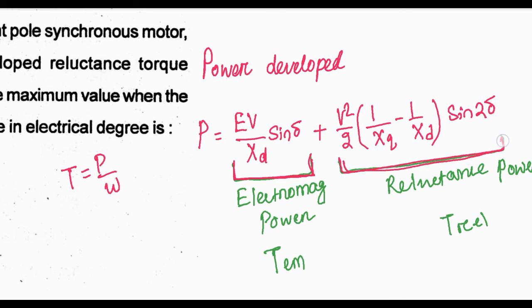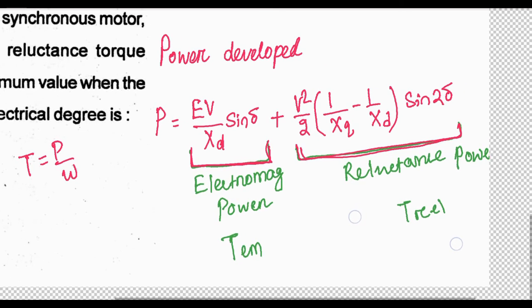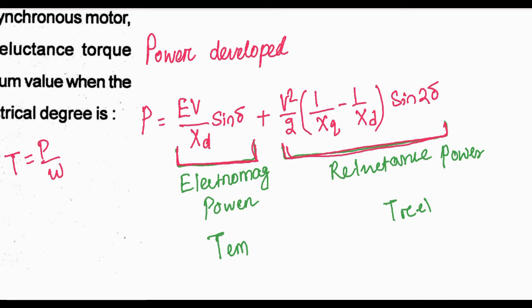And what is this part? This part is reluctance power, and due to this part salient pole machines are more stable than cylindrical machines. So this is the reluctance power, and reluctance torque will be derived from this one. This power by omega will be reluctance torque, and this depends upon sin 2 delta.